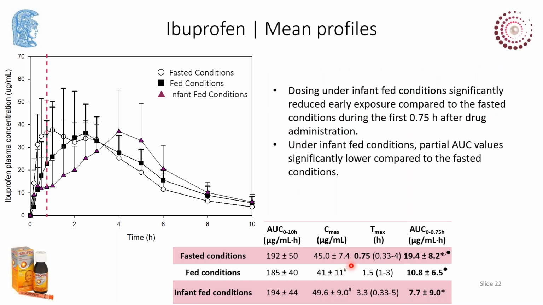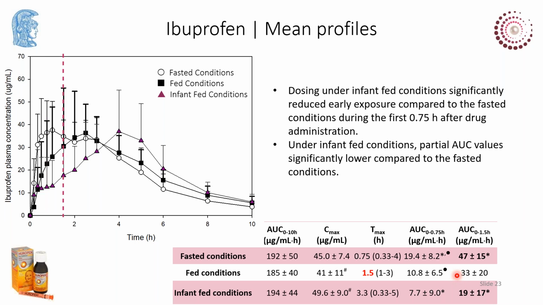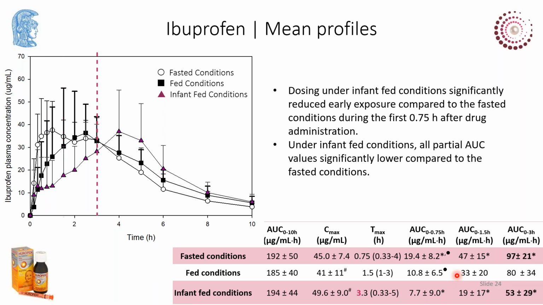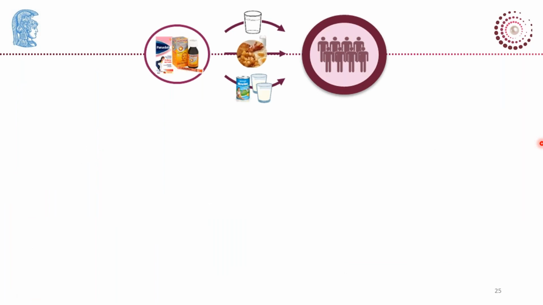Dosing under infant fed conditions significantly reduced early exposure compared to the fasted conditions during the first 45 minutes after drug administration, and under infant fed conditions, all partial AUC values were significantly lower compared to the fasted conditions.